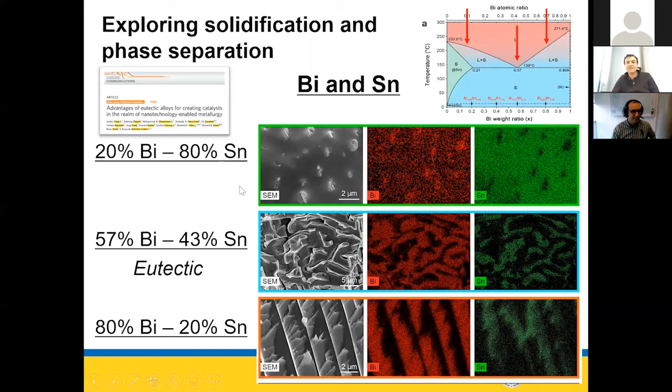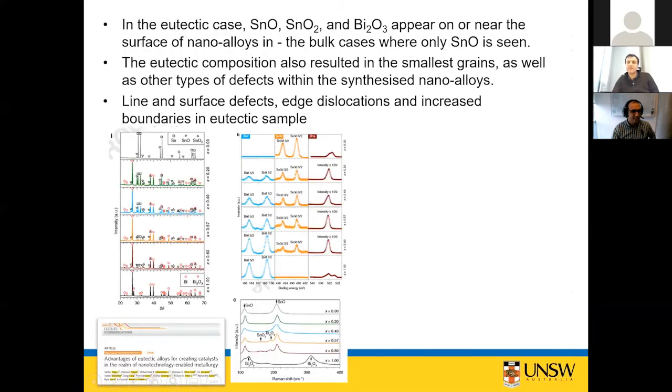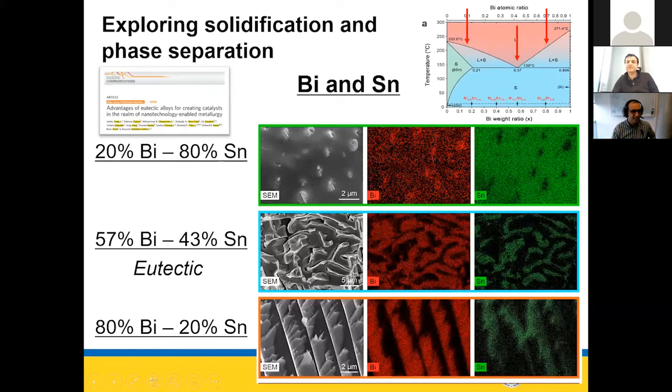It's basically famous conventional metallurgy. So when we have 20% bismuth, 80% tin, we have these rods of bismuth in an ocean of crystal of tin formed, as you see.